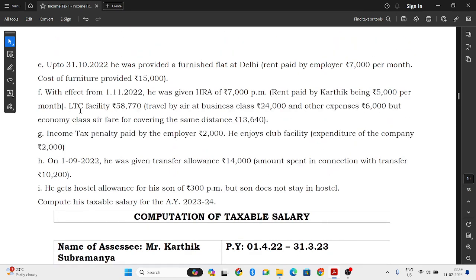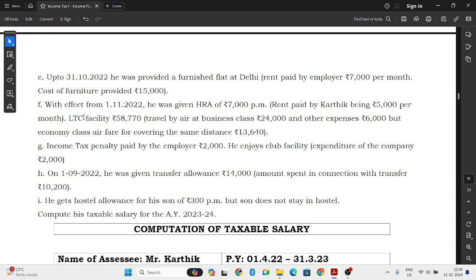Next, he has got LTC, that means leave travel concession. Usually, as per the IT rules, the exemption will be given only for economy class fare. Some people will go in business class, so they have to bear the extra money. But exemption will be given only for the economy class fare. Totally he has got 58,770 as LTC, leave travel concession.